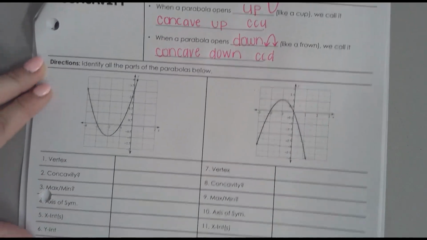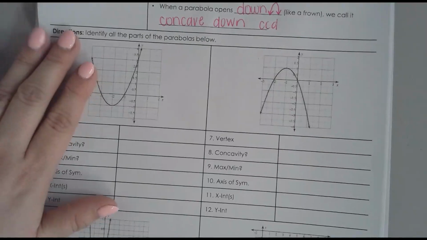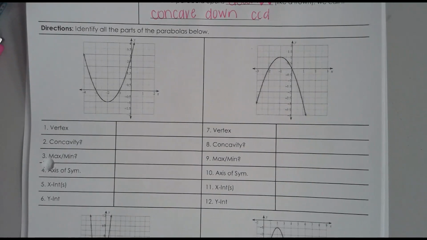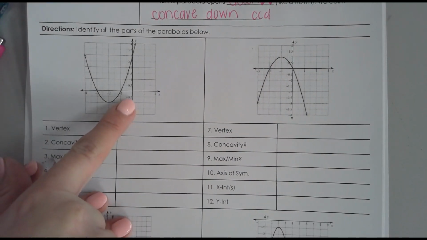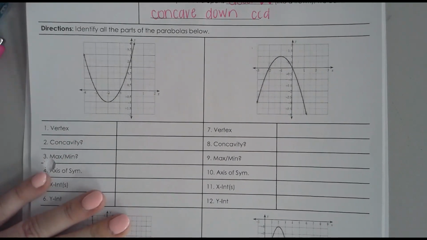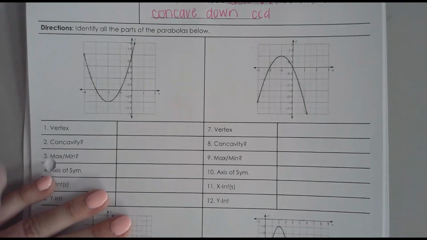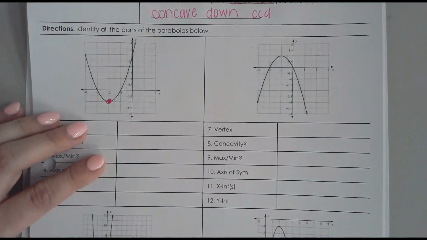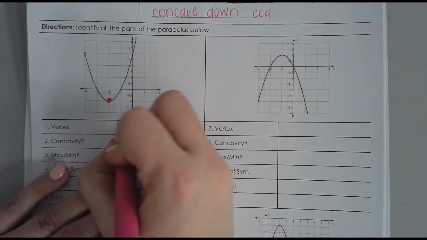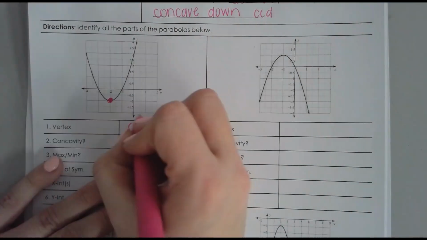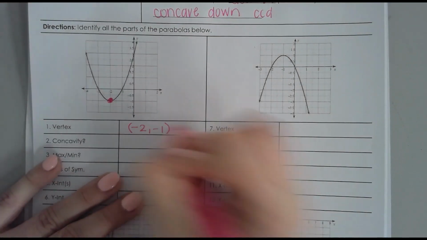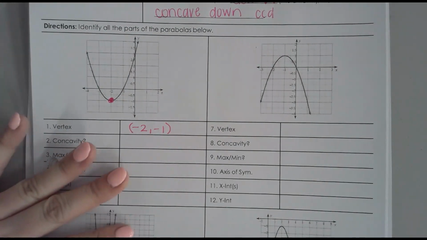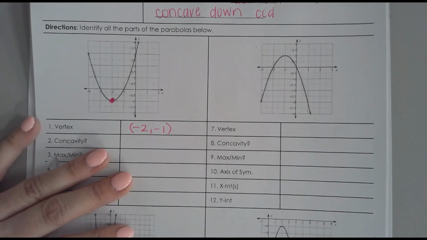So we've got 4 different graphs here. I'm going to work through one of them and then I'll let you work on the last 3. Notice this first one, your scale is by 0.5. So pay attention to that. So number 1, the vertex. That's this point right here. What is that coordinate? -2, -1. Good. Is this graph concave up or concave down?